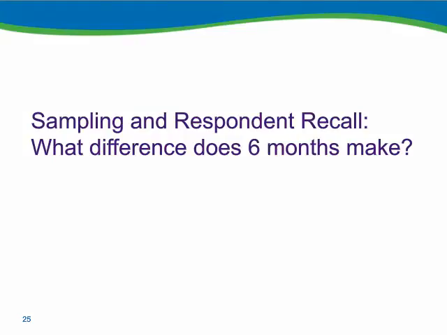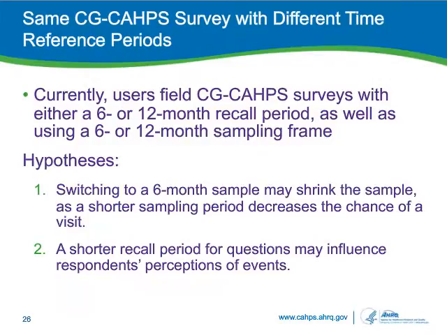One of the reasons this is important is that there are users of the survey who are fielding the 6-month survey and others doing a 12-month survey, in both the recall period and also the sampling frame. In other words, when one does the search for respondents, for patients, you can use a 6-month window and find all those folks who had a visit in the last 6 months, or you could go 12 months.